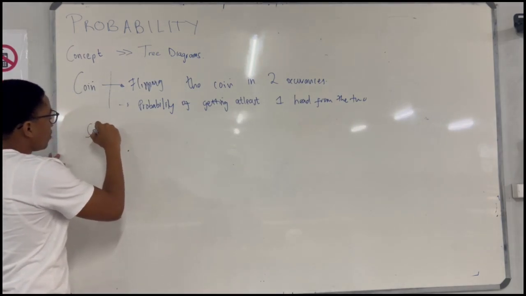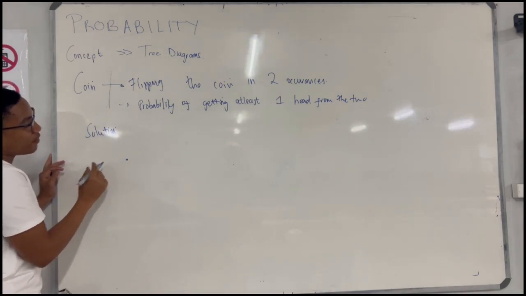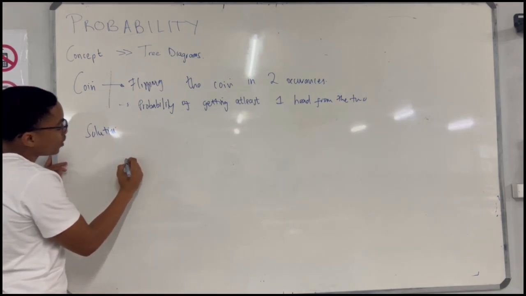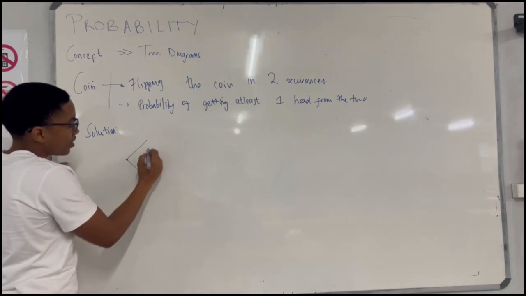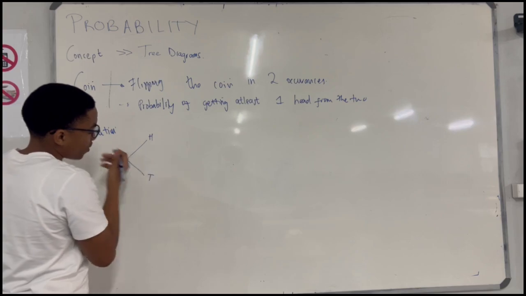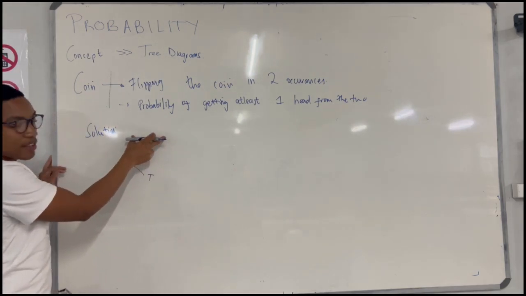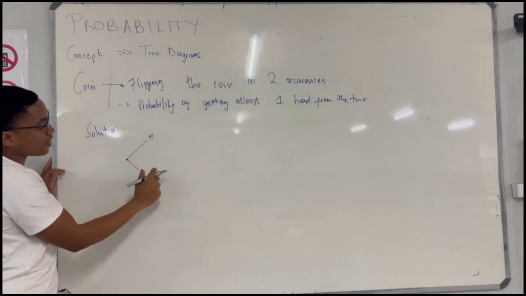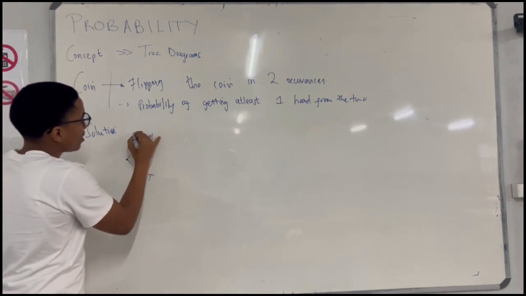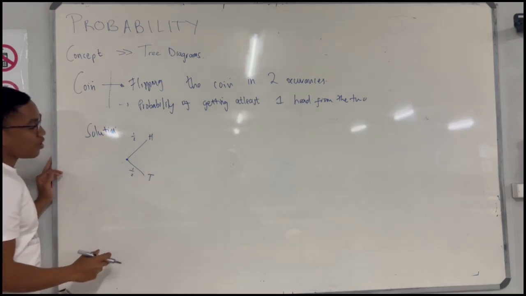So here's the solution. On the first throw, we are either going to have a head or a tail. What is the probability of having a head or tail on the first occurrence? This is 1 over 2 and 1 over 2.